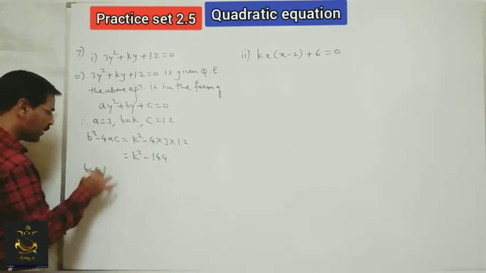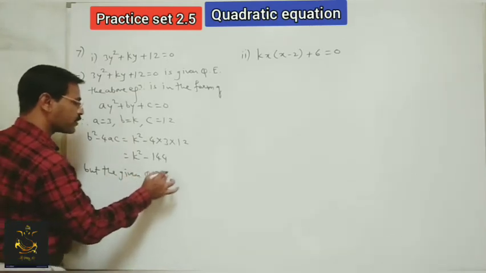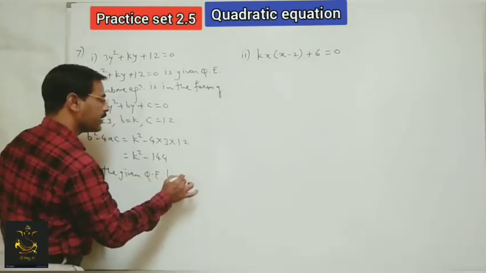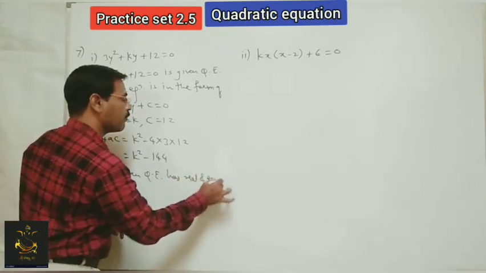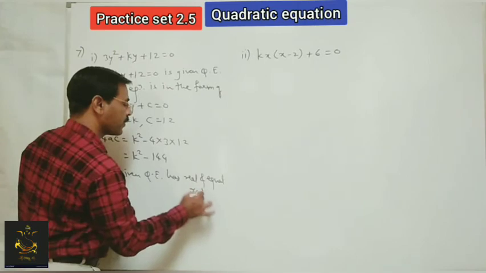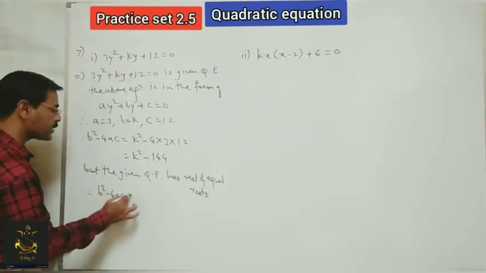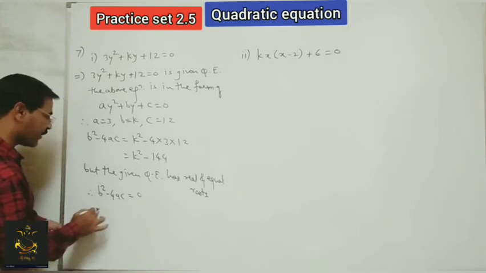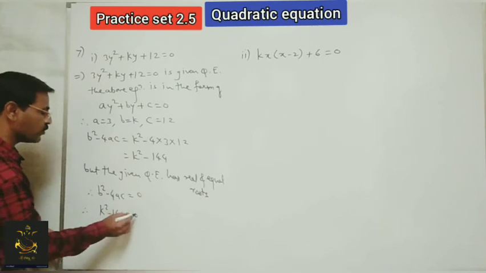But the given quadratic equation has real and equal roots. It is given. Therefore, what can we think here? B square minus 4ac is equal to 0. Therefore, k square minus 144 equal to 0.